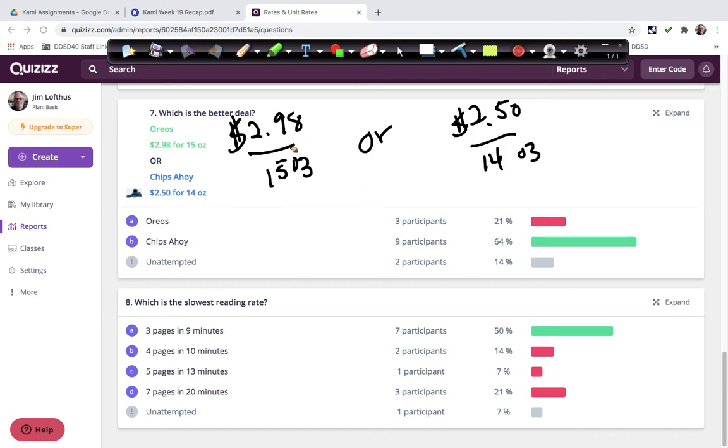So 298 divided by 15 is almost 20 cents.